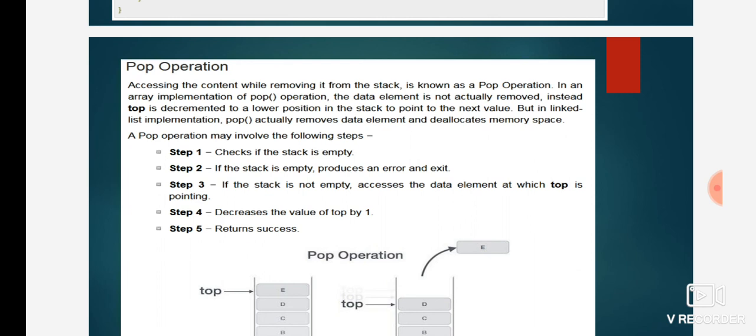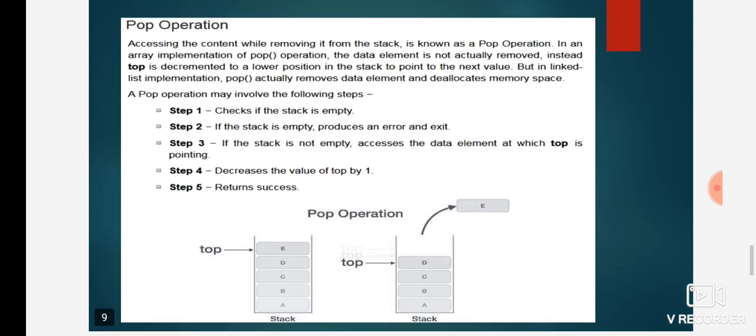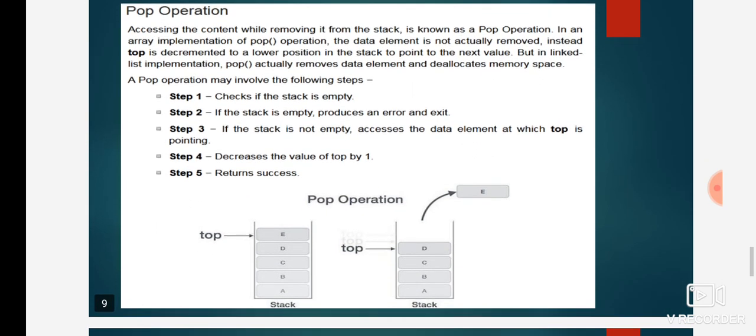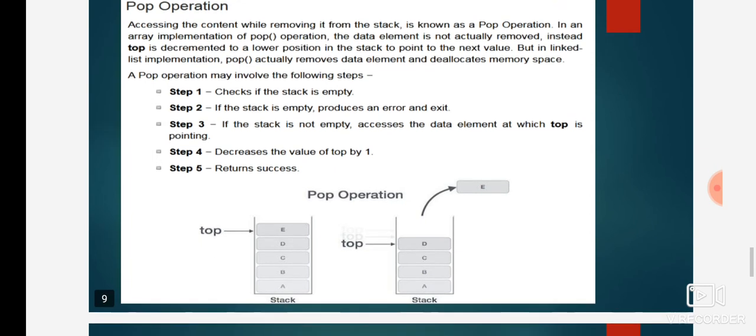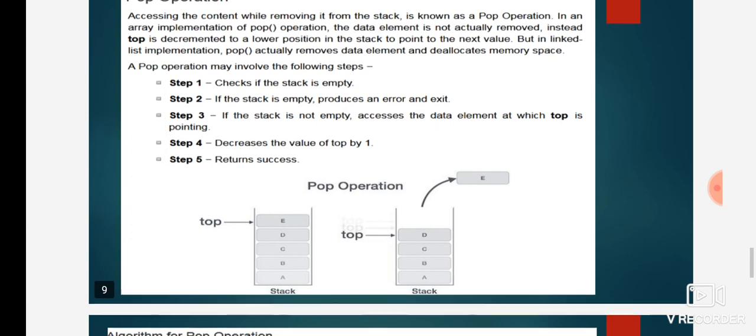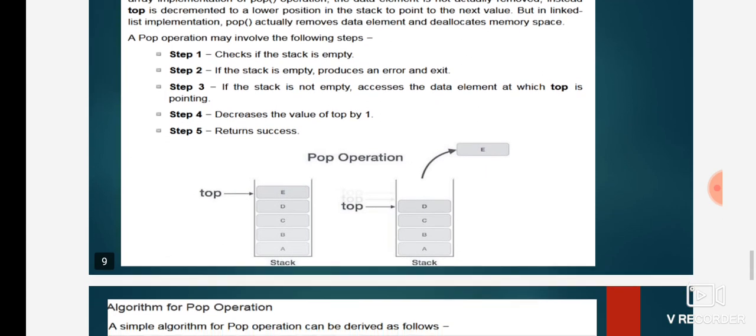The steps followed by the pop operation are: first, check whether the stack is empty. If the stack is empty, it produces an error and exits. If the stack is not empty, access the data element at which top is pointing. Then decrease the value of top by 1 and return success.